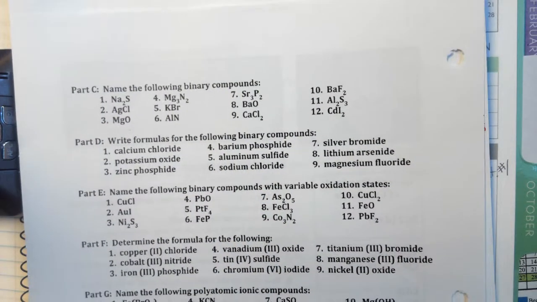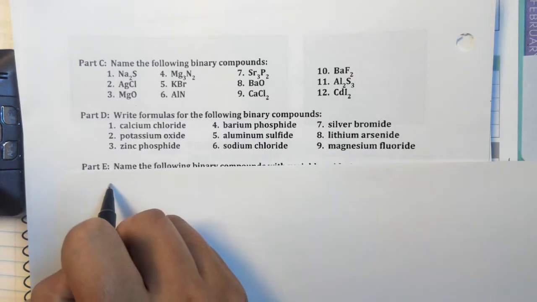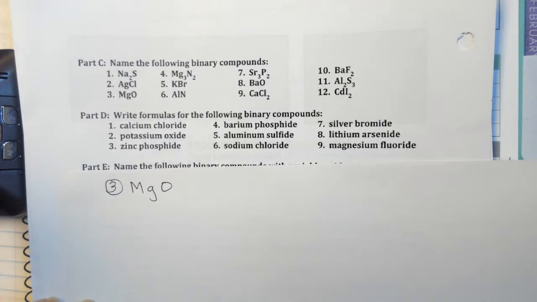Okay, so just to apply what I said, looking at Na2S, we've already done that in the example. We know that is sodium sulfide. But if we look at number 3, we have MgO. Which one is supposed to be my positive ion? Magnesium.